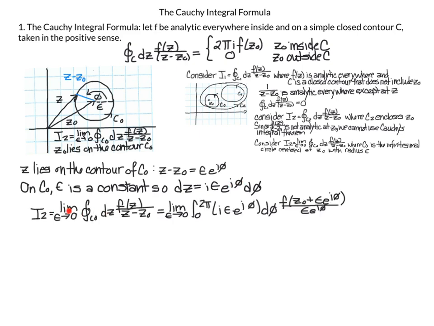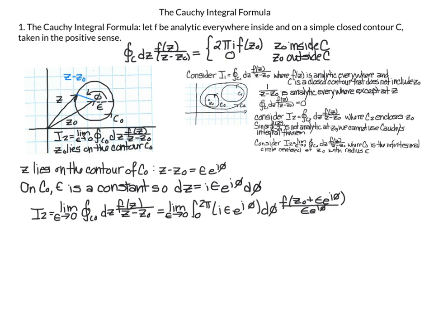Which means I can now rewrite my integral I2, the limit as epsilon approaches 0 of the integral over C0 dz f of z over z minus z naught, as the limit as epsilon goes to 0. Our limits of integration for phi are 0 to 2 pi. That'll give us the entire circle. And now we have our dz, which is i epsilon e to the i phi d phi.